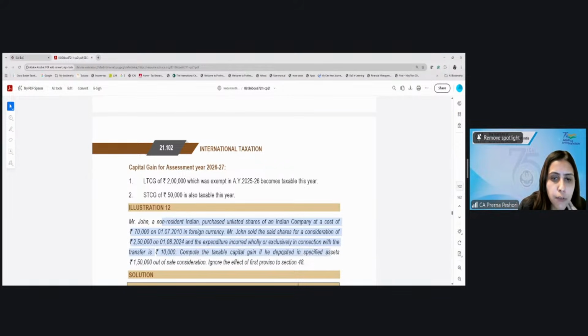Compute the capital gain if he deposited 1,50,000 of the sale consideration in a specified asset. Ignore the effect of first proviso to section 48. So here they have specifically told you to ignore it. Otherwise, you can consider it if they have given you the exchange rate. So yes, how will you calculate?